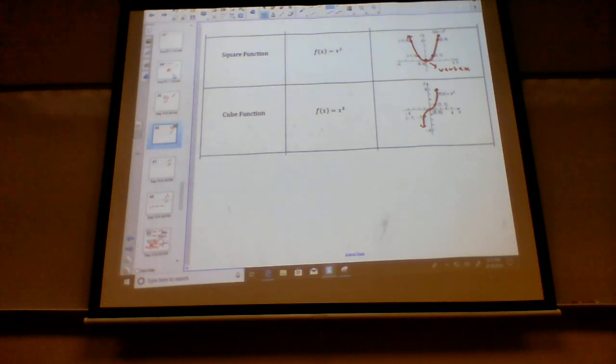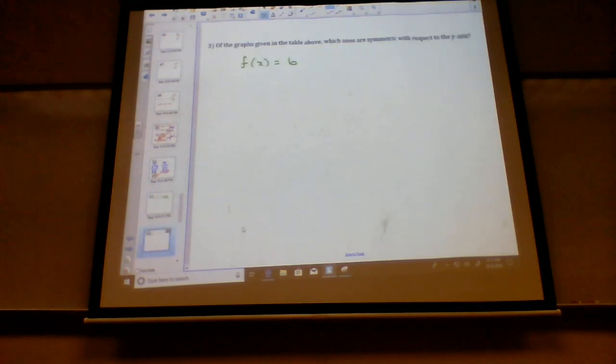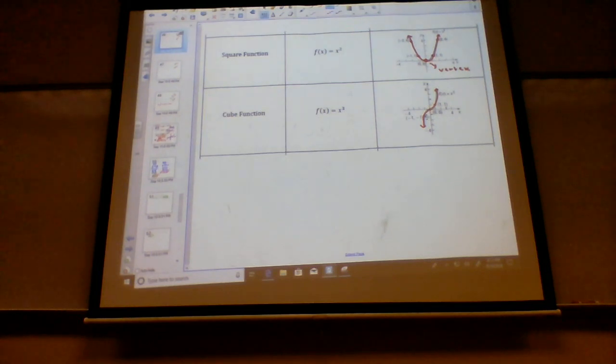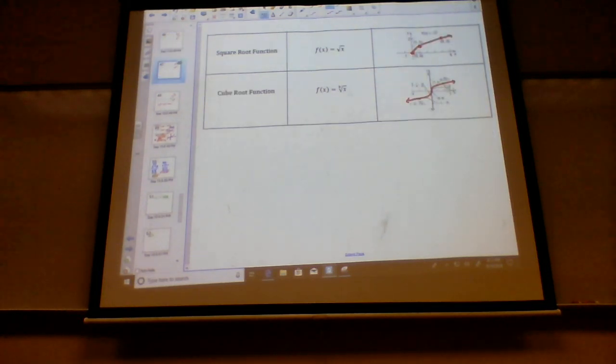The square function would match up on both sides if I folded it over the y-axis for sure. So the square function is symmetric with respect to the y-axis. So I'm going to write f of x equals x squared. The cube function would not match up if you folded it over the y-axis.